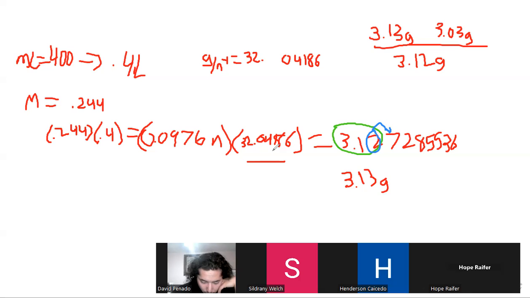Yes. You get the same thing. I got 32.042 also, but I just got a different number. Yeah, that's why, since I didn't round off, it would have ended up as 3.1232. I got 3.1272992.